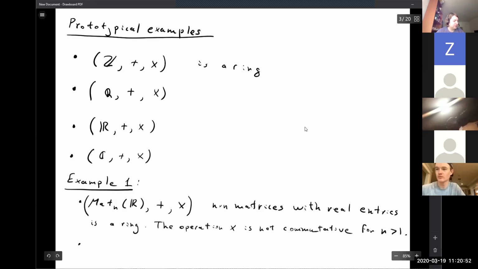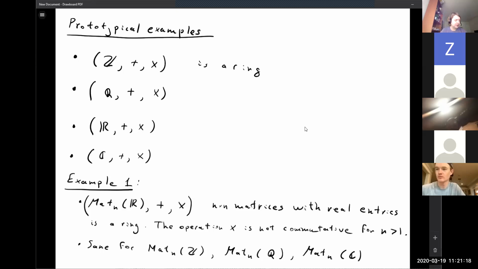And of course, the same goes for matrices with integer entries, matrices with rational entries, and matrices with complex entries. They also form a ring with the standard operations of matrix addition and multiplication.